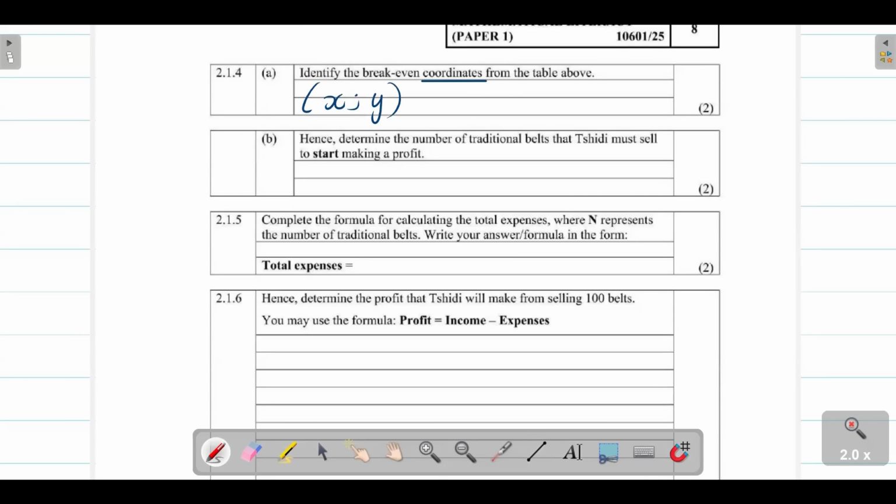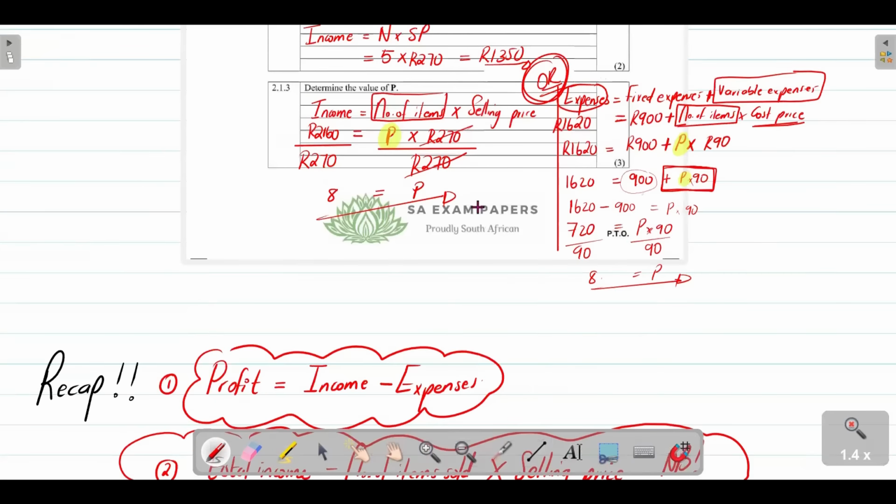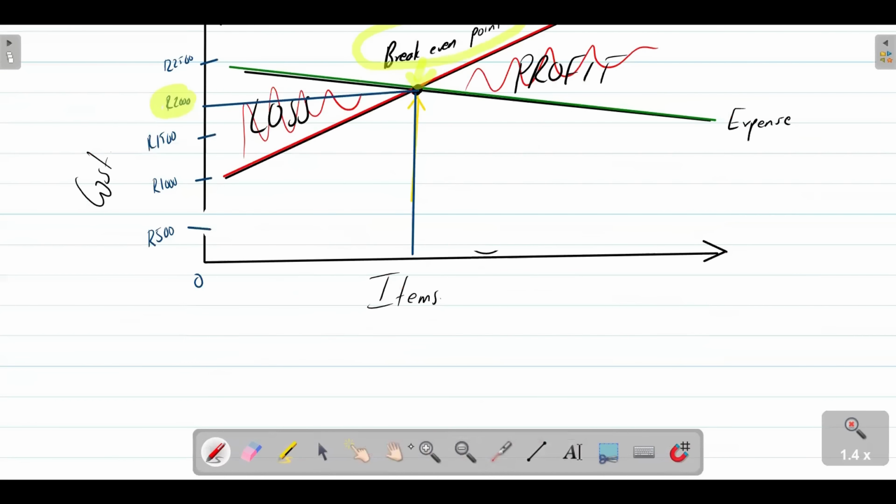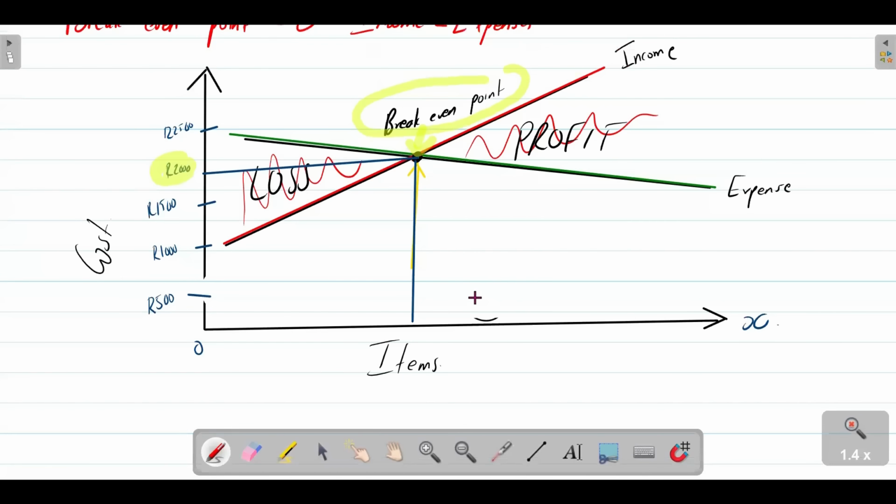So if I take it back to this graph that I was using to help explain this concept, this horizontal line is called our x-axis, and this vertical line is called our y-axis, right?